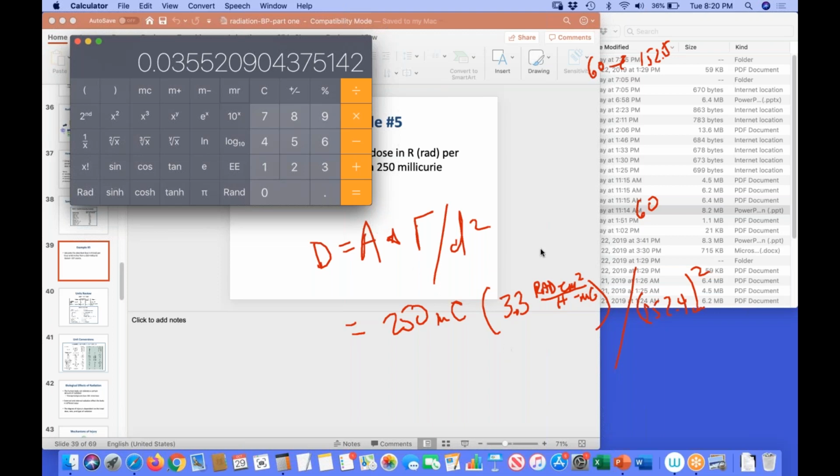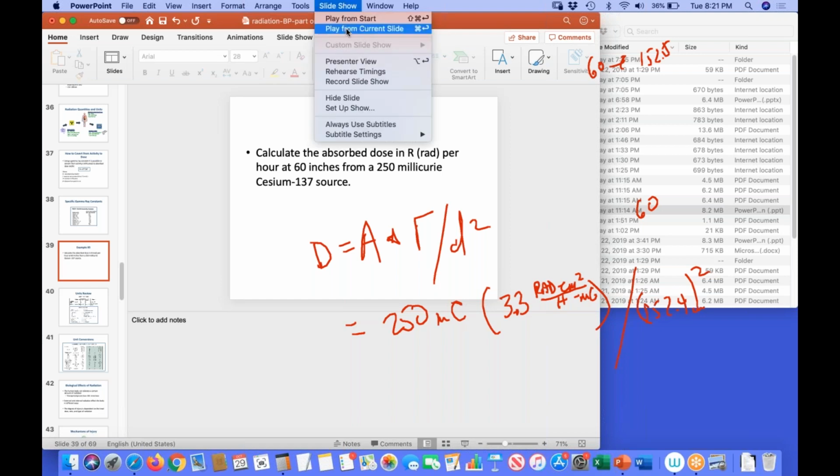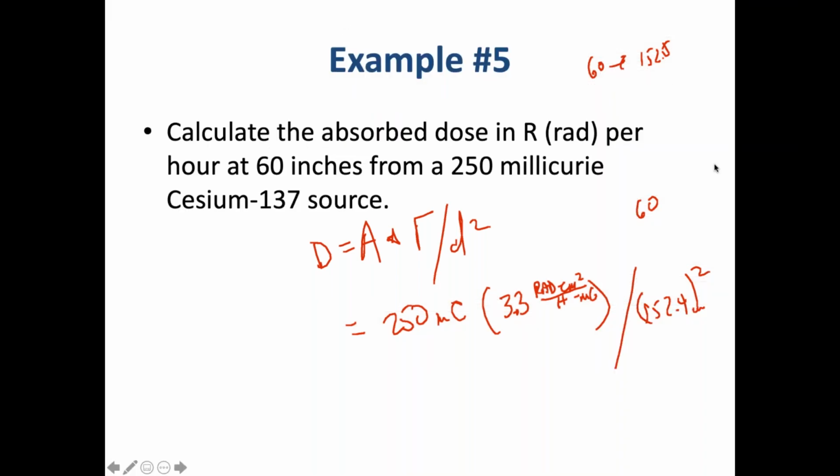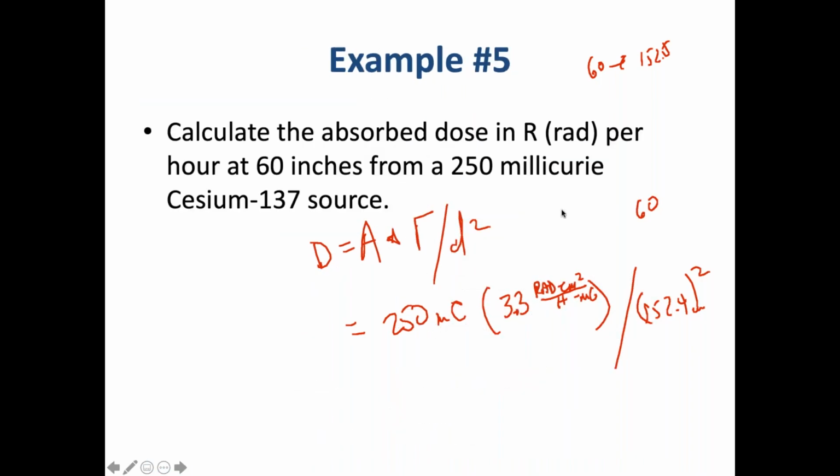And let's see what our units are going to be now. Something's gone wrong here.